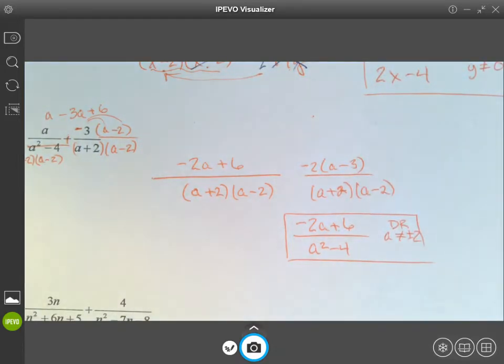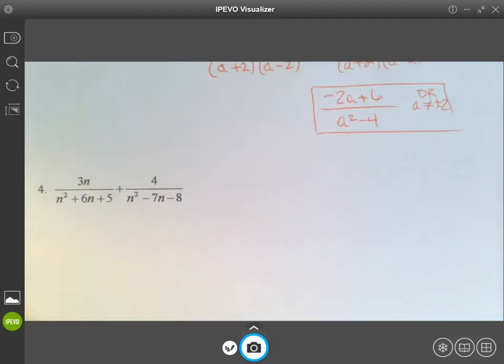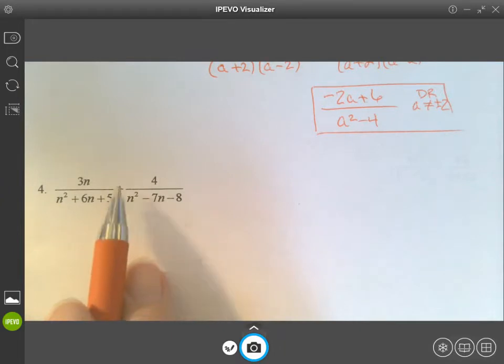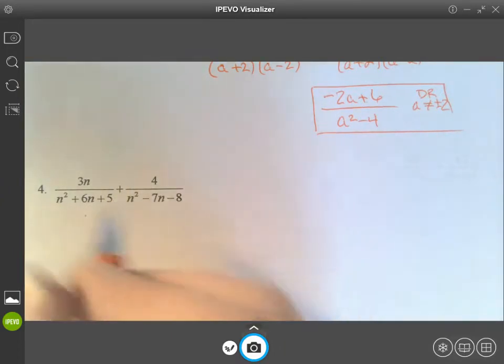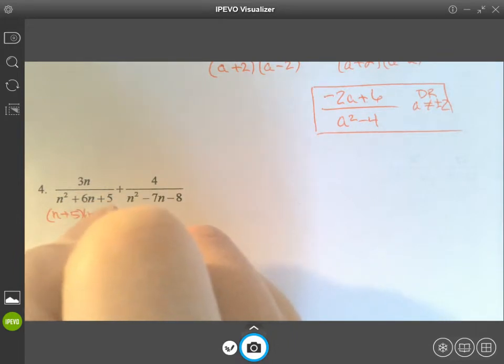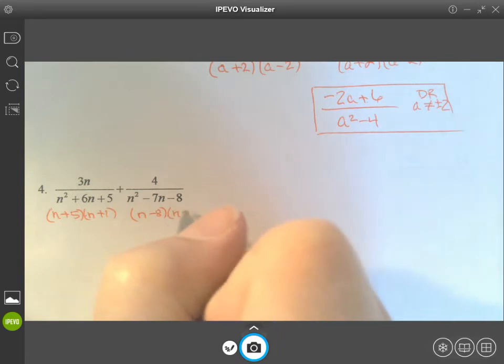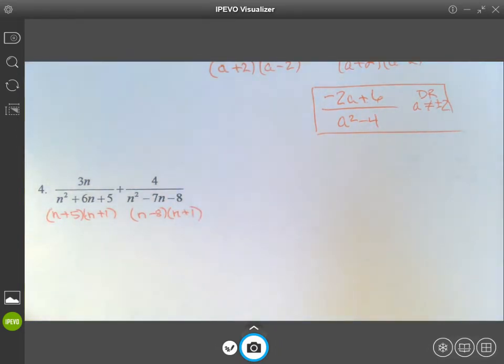Okay, one more down here at the bottom, but we do need to look for factoring and canceling. Down here, what do you see? Addition, right? So I don't need to change the sign. I do need to factor. So what are the parts here? N plus 5, n plus 1. And over here, n minus 8, n plus 1. Double check your factoring.